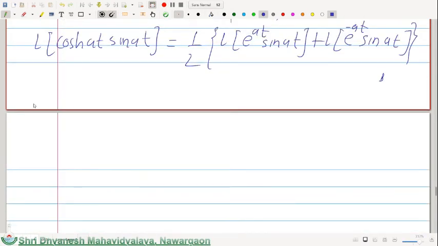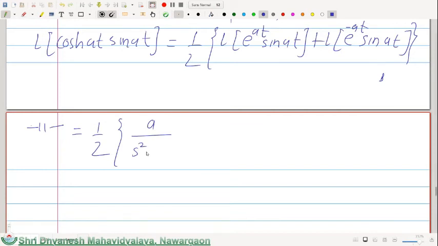So what will be the next step? Keep this side as it is. This is 1 by 2. Using the shifting property here, you will get the Laplace transform of sin at is a upon s square plus a square.